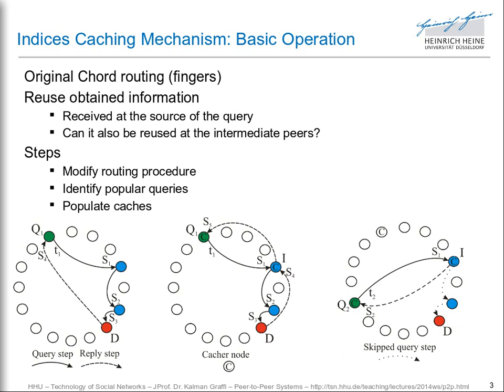So if another peer uses this finger also, we receive this query and we can answer it immediately because we have obtained this information and act as a cacher. Also the node which sends the request first is now a cacher because it has this object now.